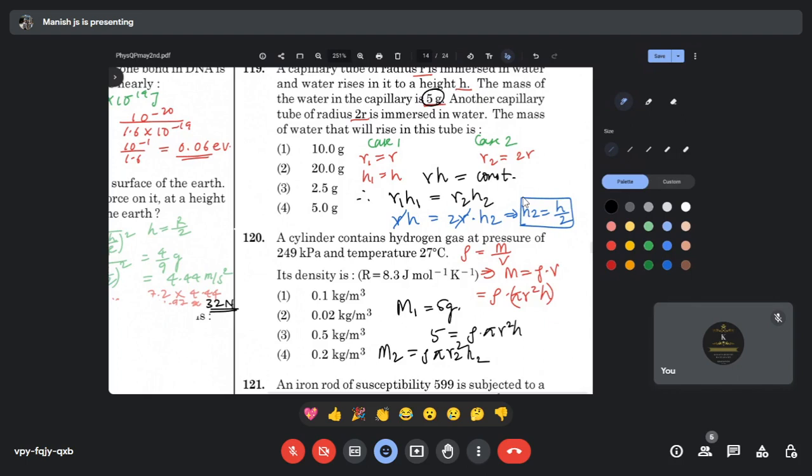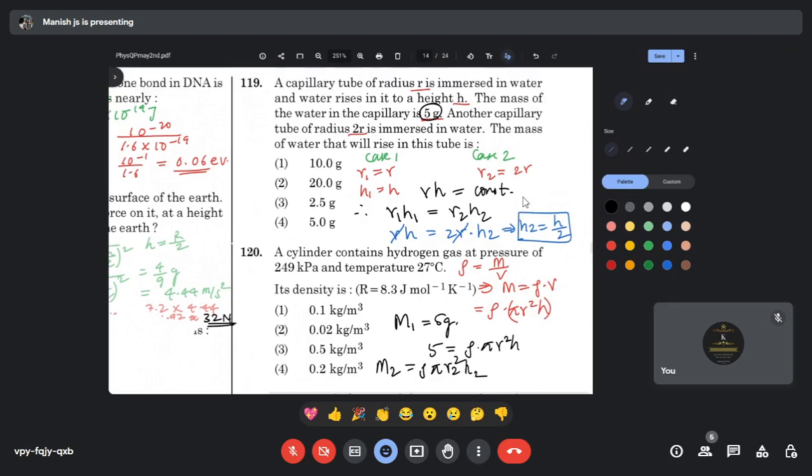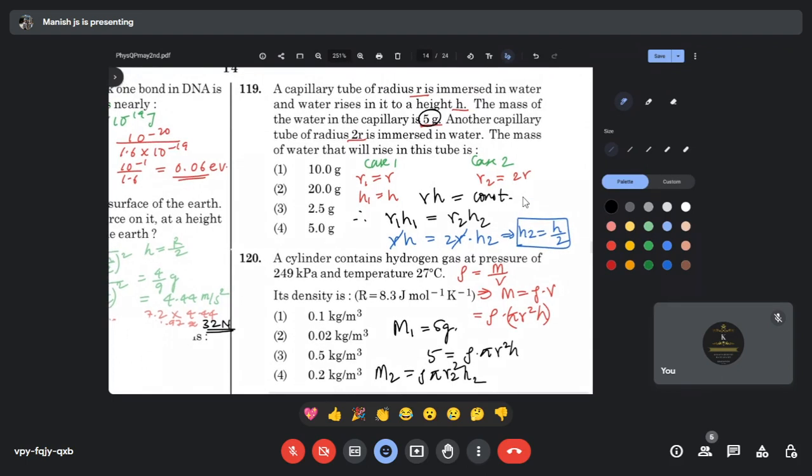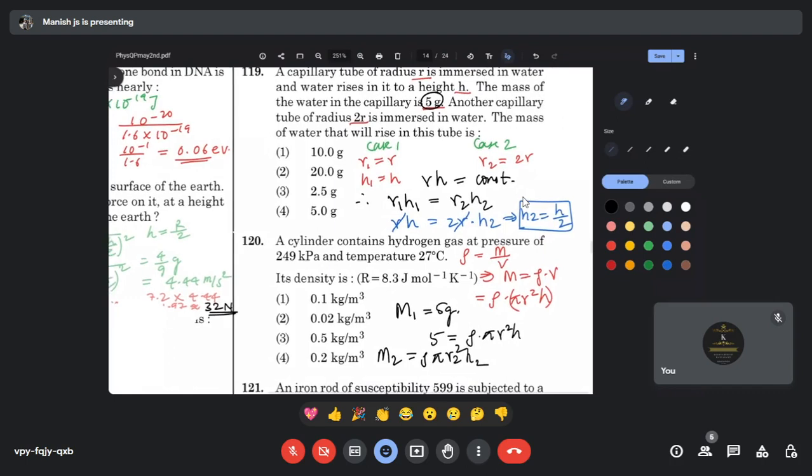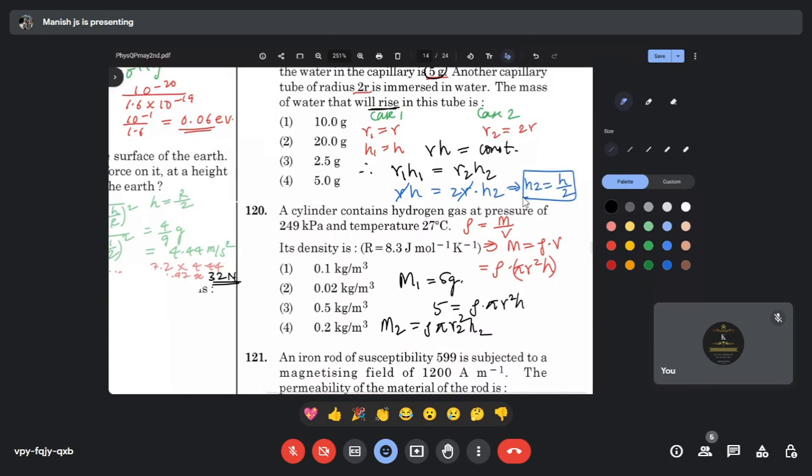And then we are going for an equation. So we are equating both the equations, because mass is going to be the same because it is the same water that is being transferred to the other capillary tube.